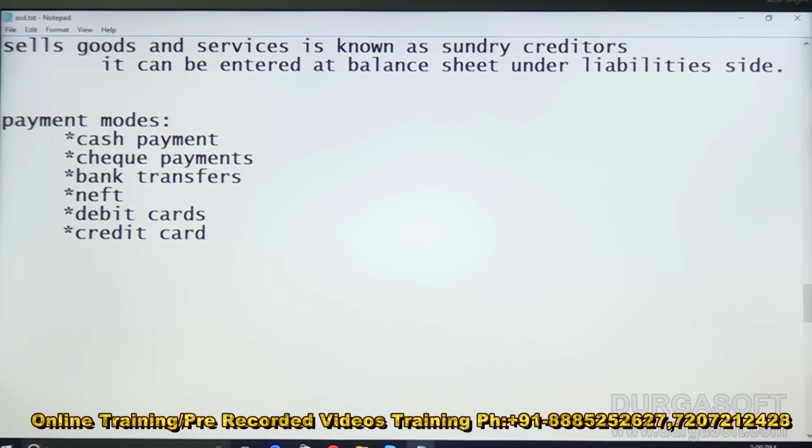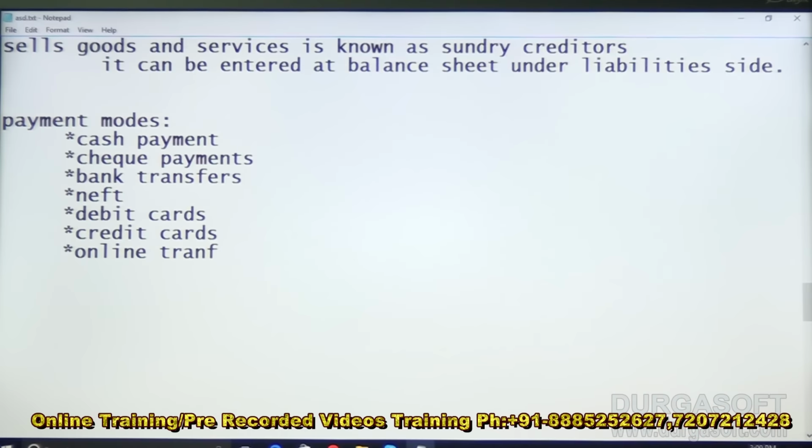With these also we can make the payment. Online transfers: it may be the same as bank transfer, but NEFT or BBPS bill payments can all be included in online. So all these are payment means, and there is also automatic payment.